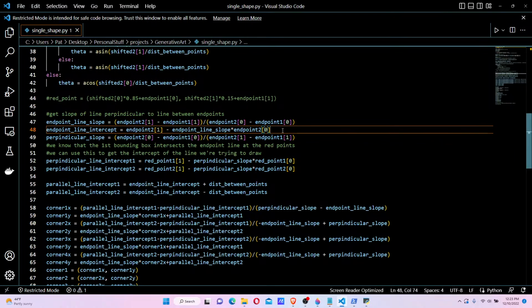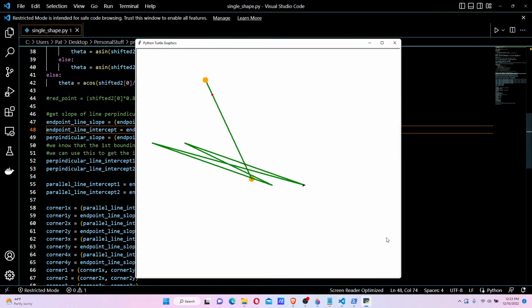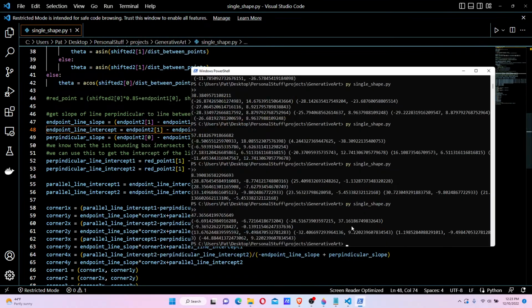Perpendicular line intercept 1 plus parallel line intercept 1. Corner 1y is equal to endpoint line slope times corner 1x. Man, I don't get what I'm doing wrong here.